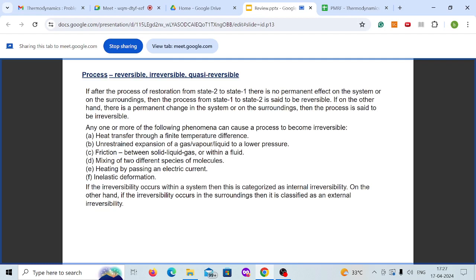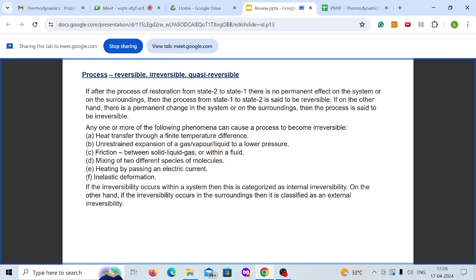is heat transfer through a finite temperature difference. We'll go through the second law, which explains why this is happening. Then unrestrained expansion of gas, vapor, or liquid to a lower pressure. If you have something which is expanding and you are not getting anything out of it, but you have to take it back to state A, you have to do work.